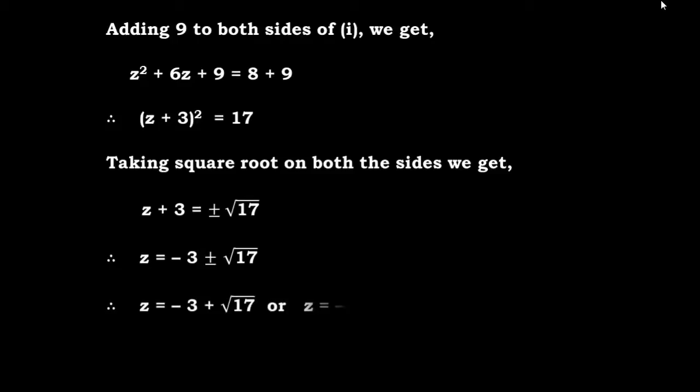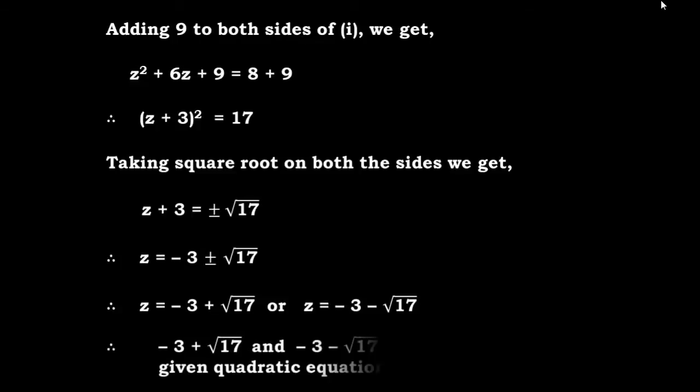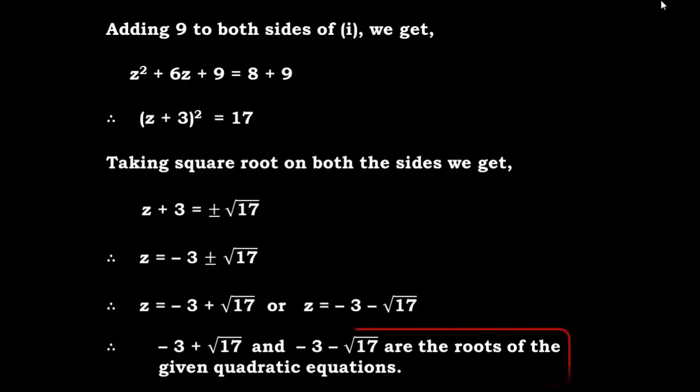Now you can write answer z is equals to minus 3 plus root 17, or z is equals to minus 3 minus root 17. So we have root of quadratic equation minus 3 plus root 17 and minus 3 minus root 17 are the roots of given quadratic equations.